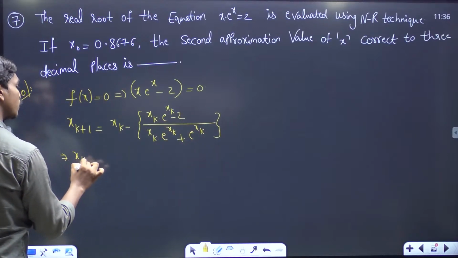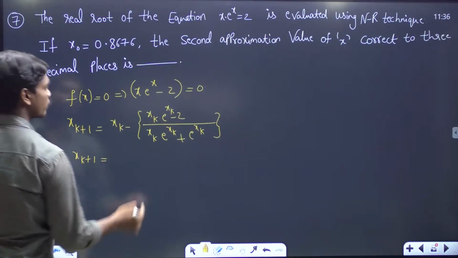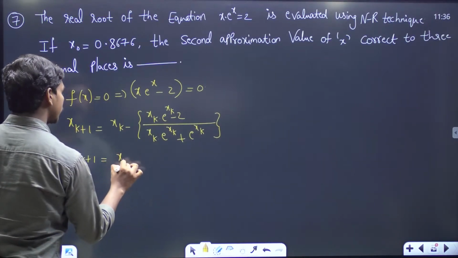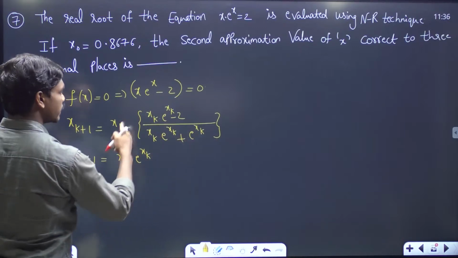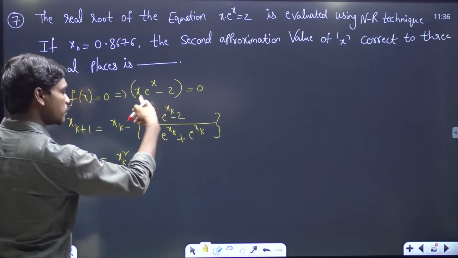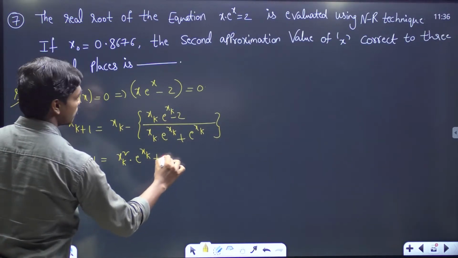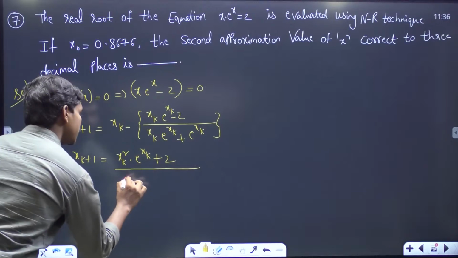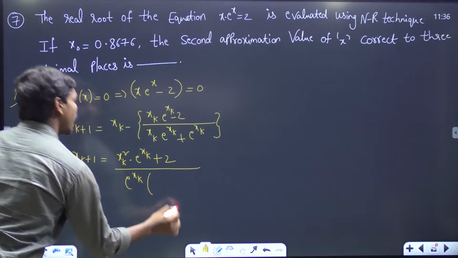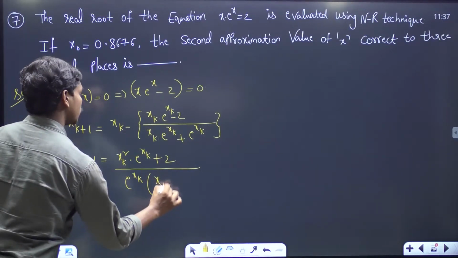If you multiply the terms, x_k squared e^{x_k} plus x_k e^{x_k} minus x_k e^{x_k}, they get cancelled. Minus into minus is plus 2 e^{x_k}. If you take e^{x_k} common, you will be having (x_k + 1).